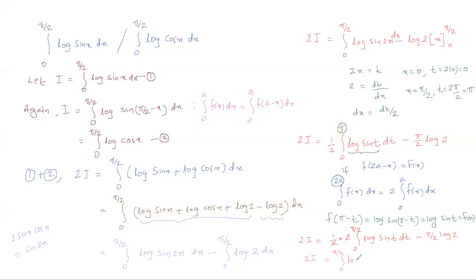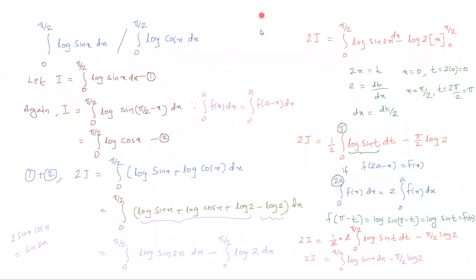I can write it as log sine x dx, because that's the first property. You can change the variable, writing t dt as x dx makes no difference. Minus pi by 2 log 2. So this is nothing but integral 0 to pi by 2 log sine x, which is your I.